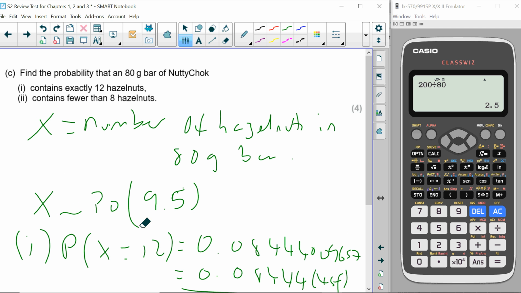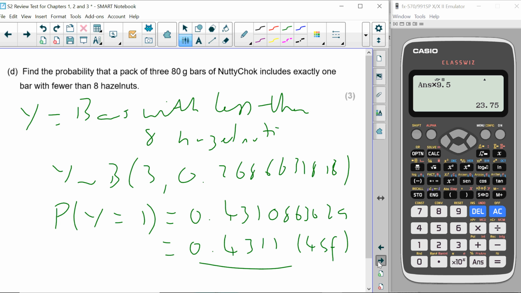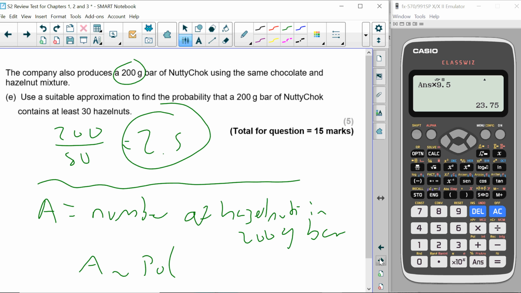Our original case for x in the 80-gram bar was 9.5. I need to do 9.5 multiplied by my scale factor of 2.5. So I'm going to multiply it up and I get 23.75. That's what's going to go in here. That's my Poisson.